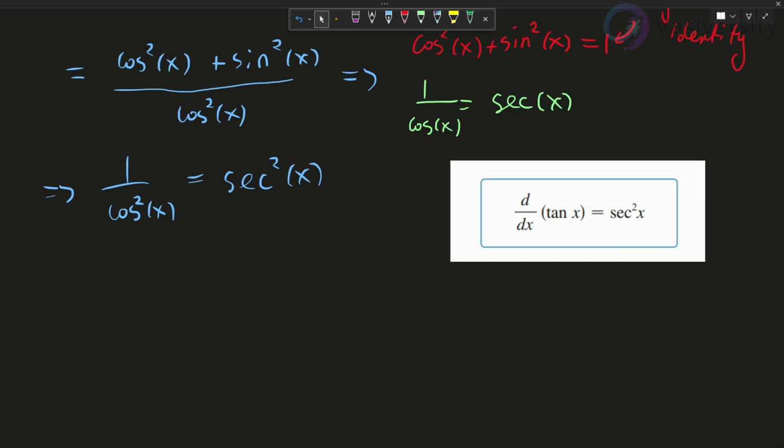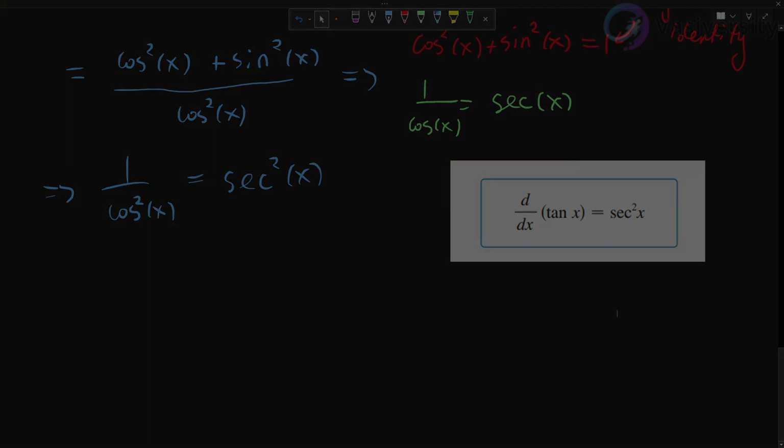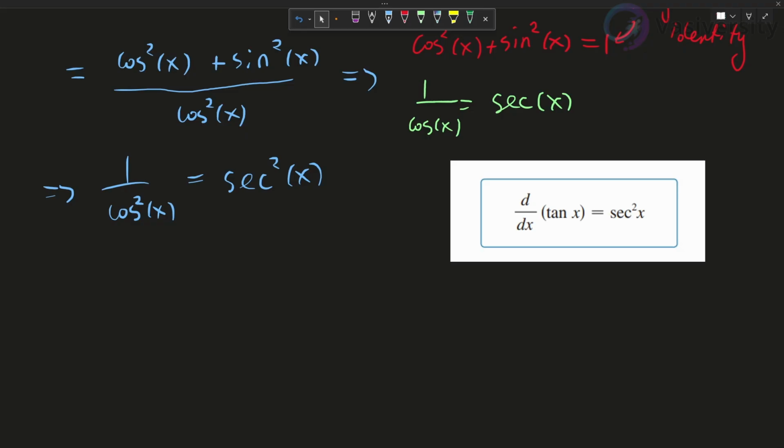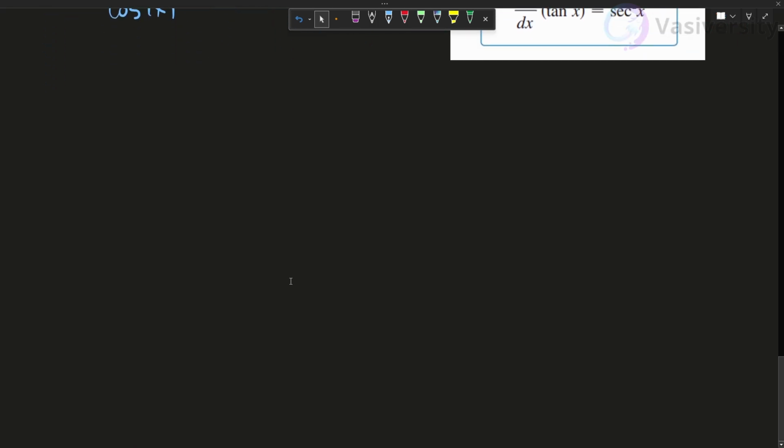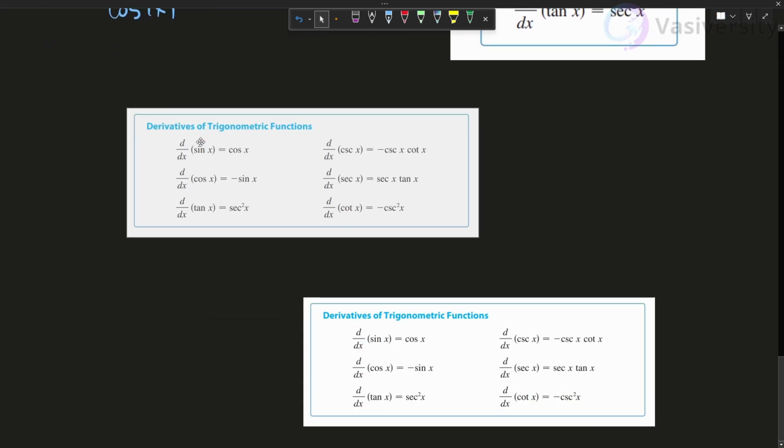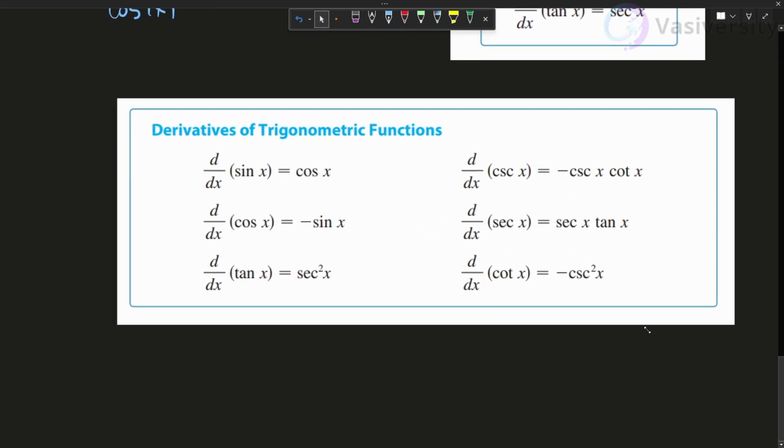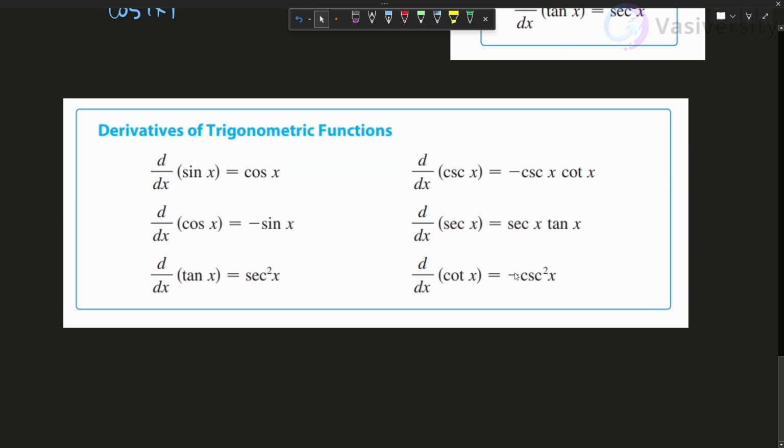Well, now let's go ahead and make a table for the trigonometric functions. So here is our table. And of course, try it as an exercise. Try to prove that the derivative of secant is secant x times tangent x.